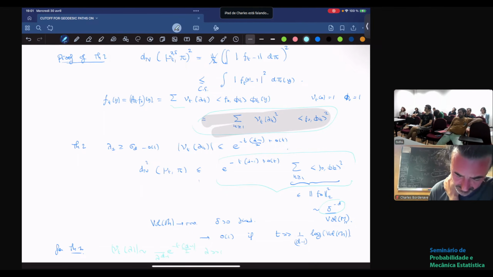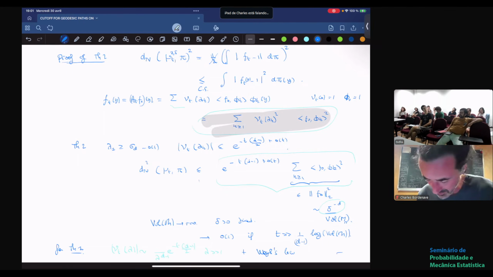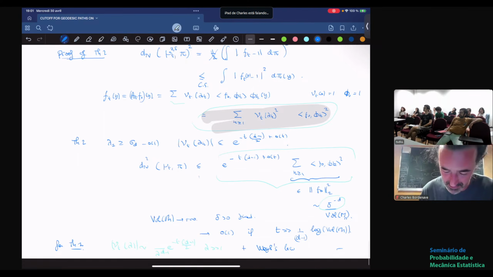You really need to use that, plus you use the Weyl law, which tells you how the eigenvalues grow. Okay, so I have to stop here, but essentially this is a spectral argument which is more subtle than this one, but this is the same spirit.